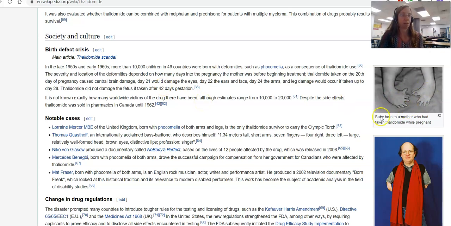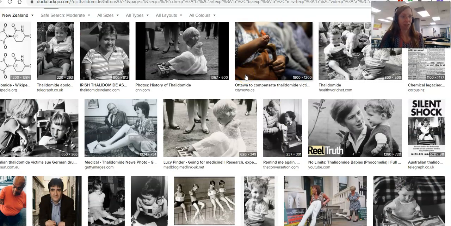And many babies were born, and many people are alive now who were affected by this. It prevented the normal growth of their arms and legs. And if you go onto the internet, you might be able to find some of these images as well.